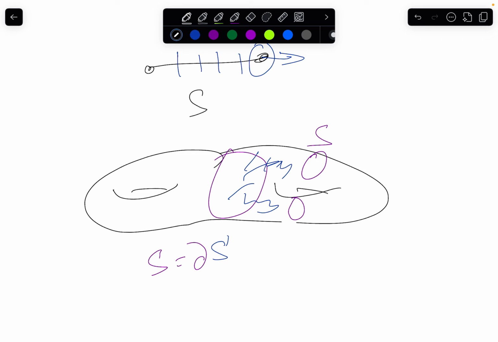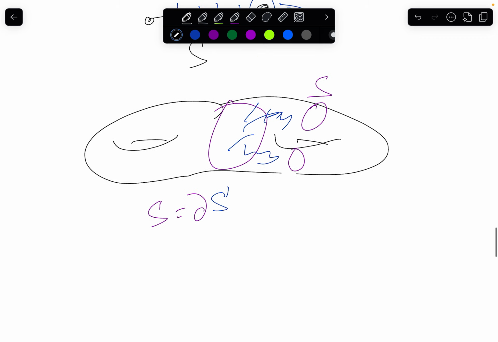And so what that means is that if you take anything else, and you try, let's say this is T, and you try and compute the number of points of intersection of T intersect S, right?